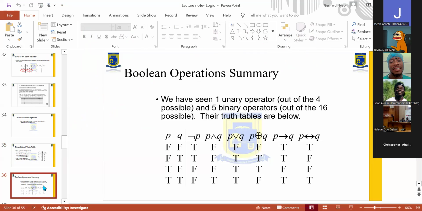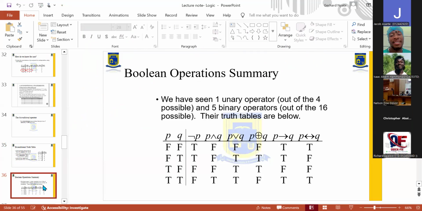So if we want to connect this, this is just a demonstration of all we've looked at so far. All right, Jacob, you can go ahead. So we have P, we have Q, we have negation, we have or, we have exclusive or.